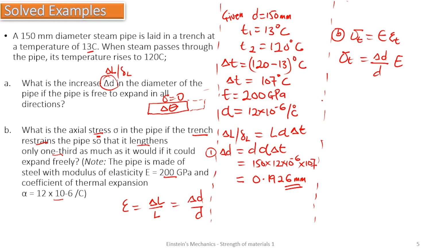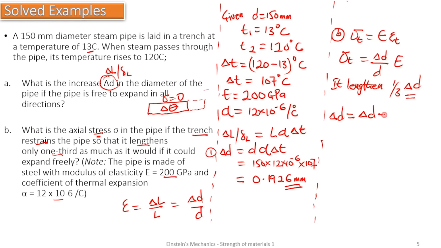So 1/3 was able to expand. Therefore, we can say it lengthens only 1/3. So there was only 1/3 change in diameter. Then what was the amount that wasn't able to lengthen?